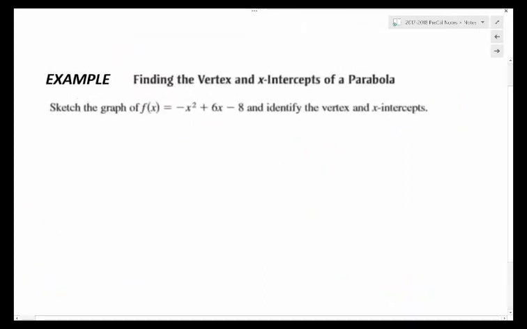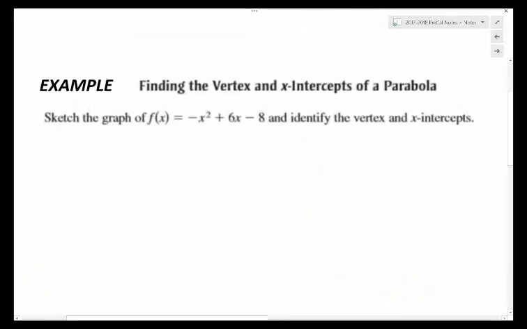So find the vertex and the x-intercepts of the parabola. Now in this case, I'm going to look at it and see if it factors easily. Let's factor out the negative first.